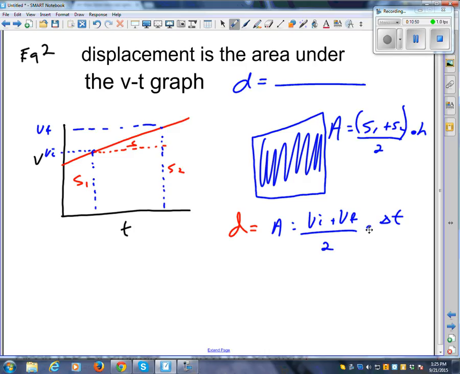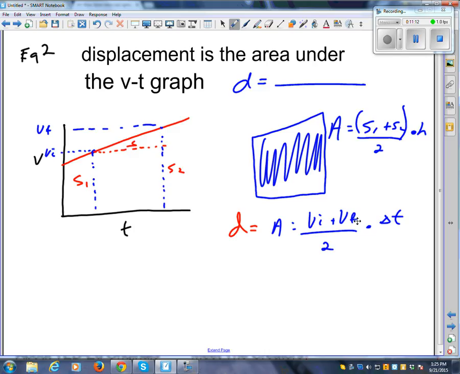And the height is h, which is delta t, this distance here. That's the h that I turned sideways, because I rotated it to show you that it was a trapezoid.